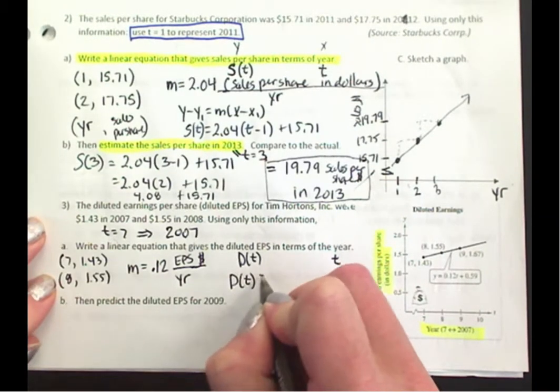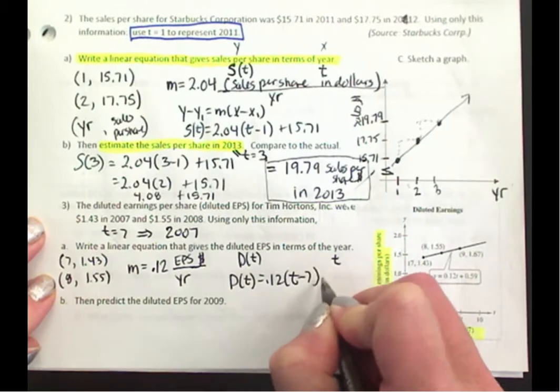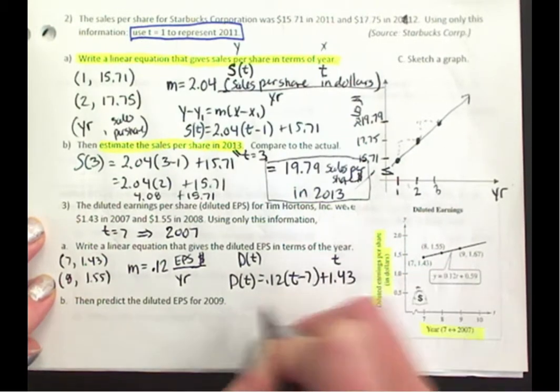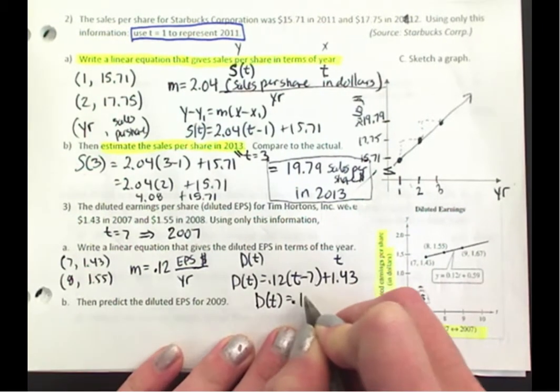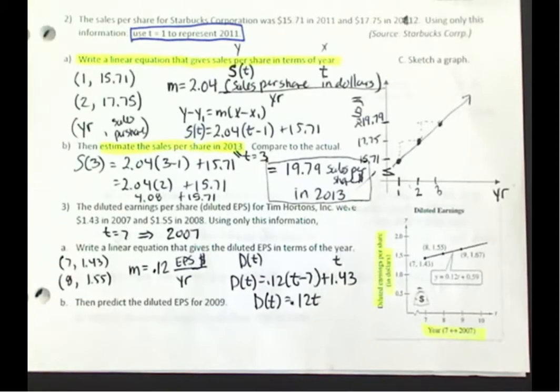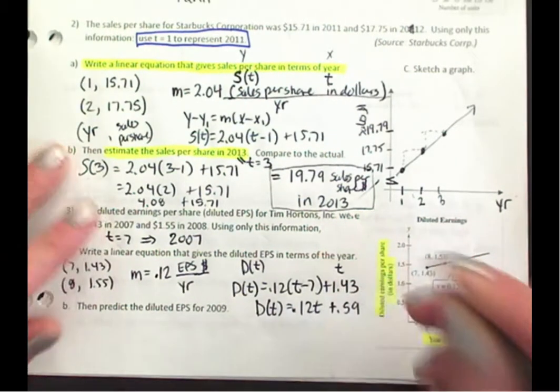Diluted equals 0.12 t minus 7 plus 1.43. Now you can solve for, okay, you can write it out, which would give you the y-intercept. 0.12 times negative 7 plus 1.43, 0.59.